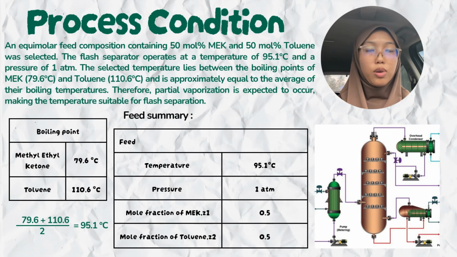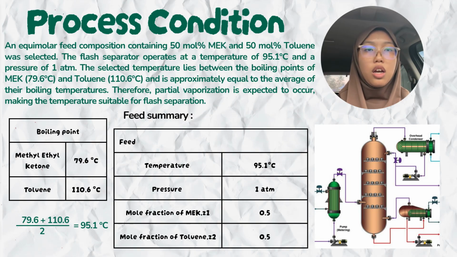An equimolar feed composition consisting of 50 mol% methyl ethyl ketone and 50 mol% toluene was selected. The flash separator was operated at a temperature of 95.1 degrees Celsius and a pressure of 1 atmosphere. The selected temperature was chosen because it lies between the boiling point of methyl ethyl ketone, which is 79.6 degrees Celsius, and toluene, which is 110.6 degrees Celsius.